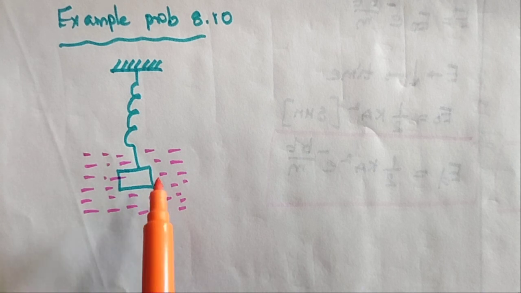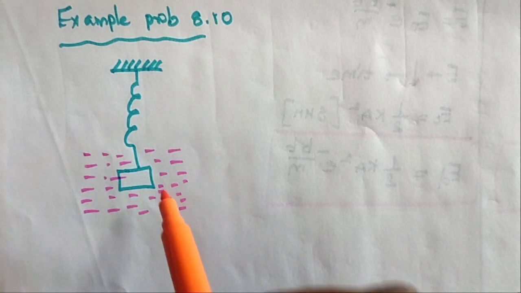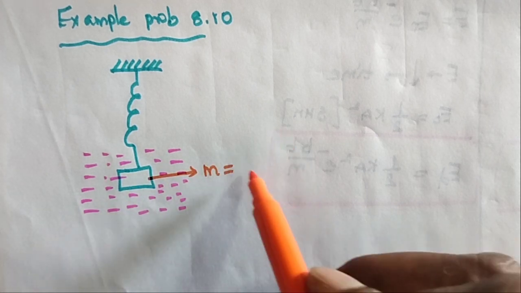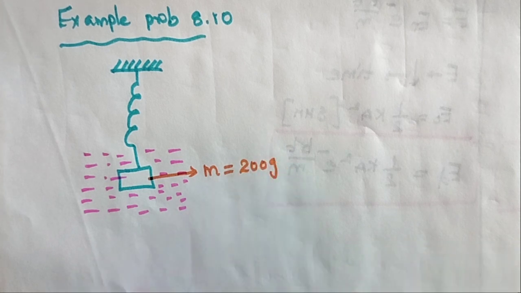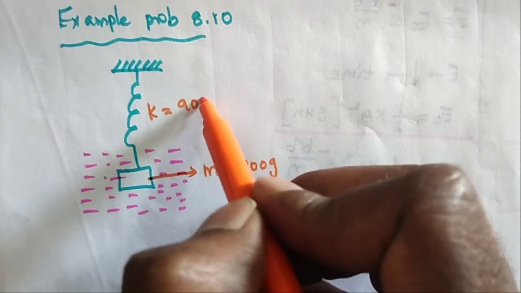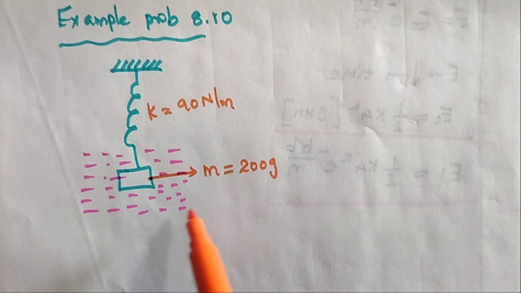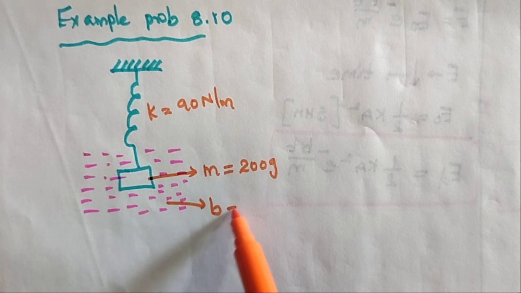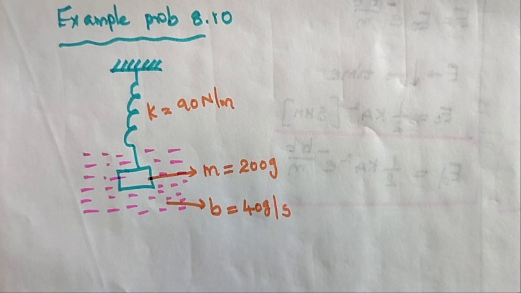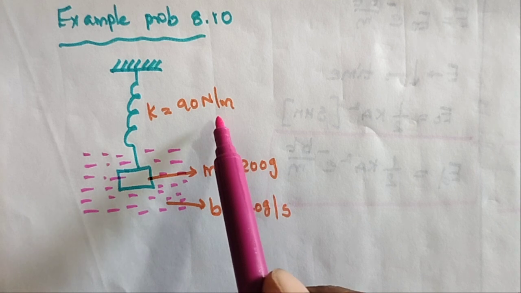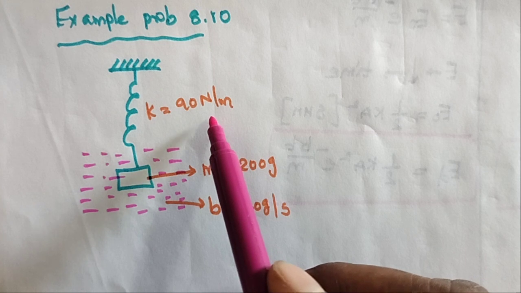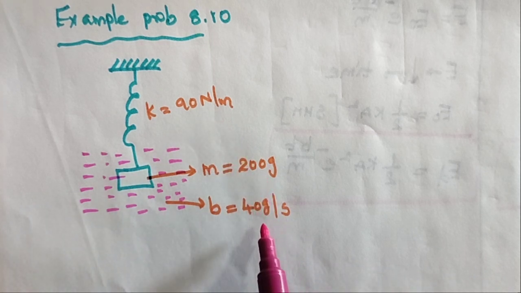So here, taking example problem 8.10, m is the mass of the block, 200 grams is given, force constant k is 19 Newton per meter, and b is the damping constant, 40 grams per second. You can observe this is Newton per meter, which is SI units, and this is grams per second, CGS units.